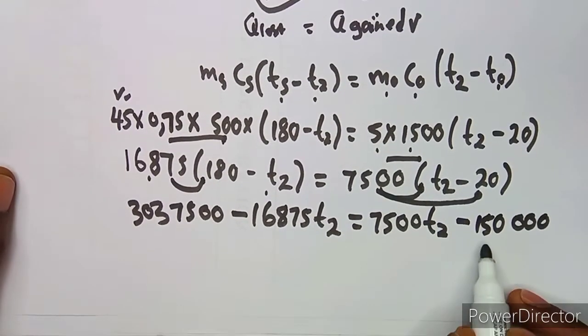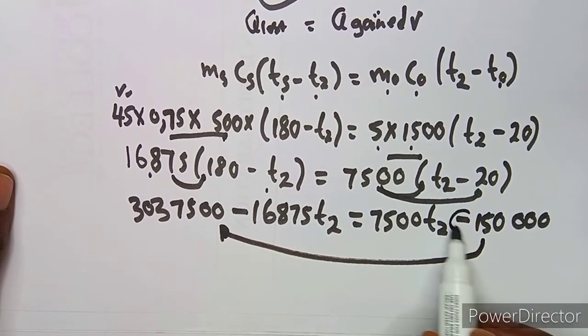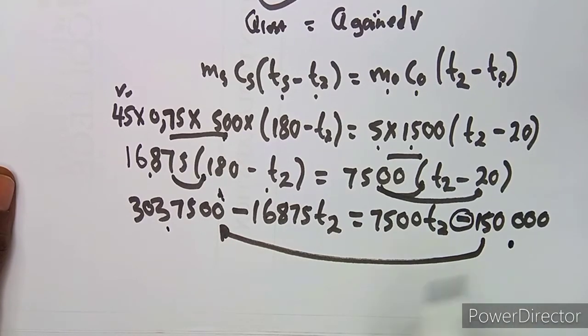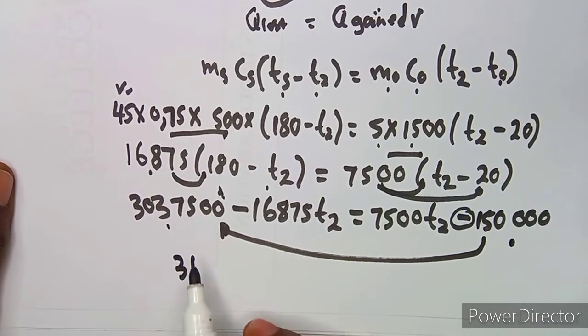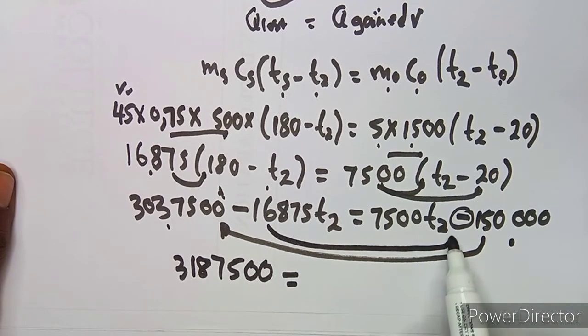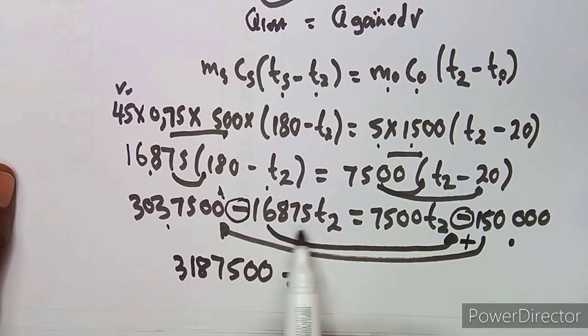So you can just collect this to the left hand side. It is going to add, because it was a minus, so it's going to add to this one. So if you add these two, you are going to obtain 3187500, like this, which is equal to, transpose this to this side, it is going to add. It was a minus, take note, so it's going to add with T2.